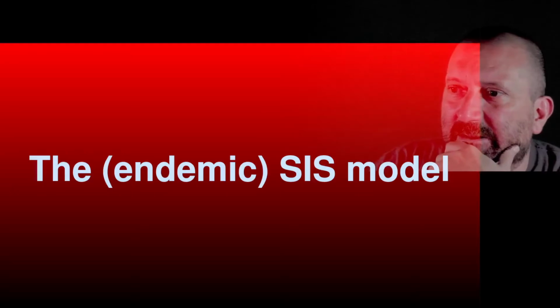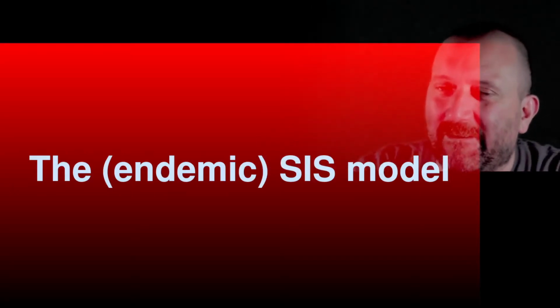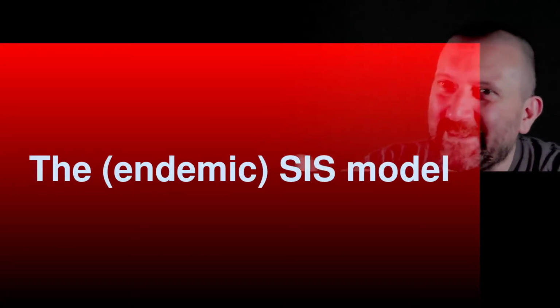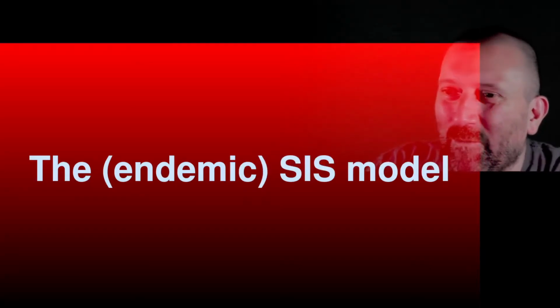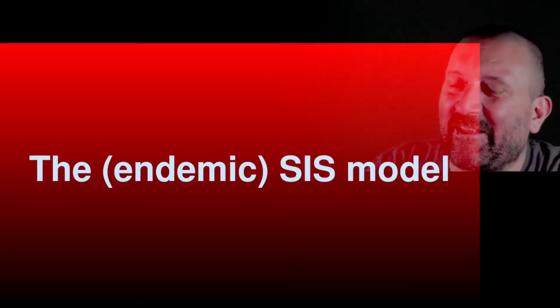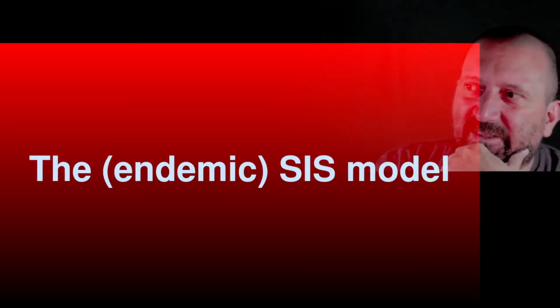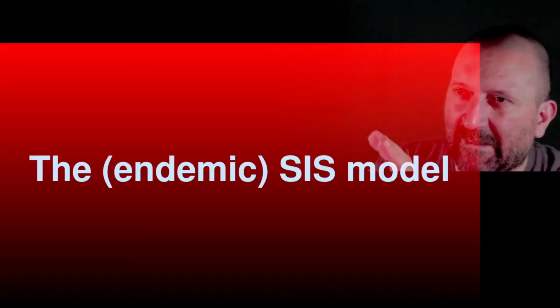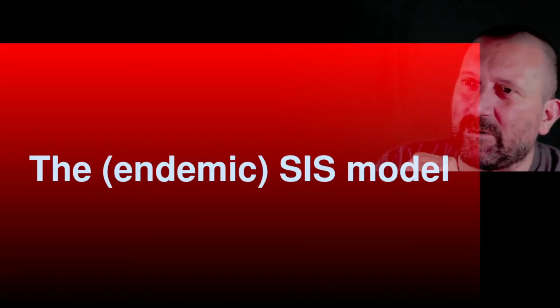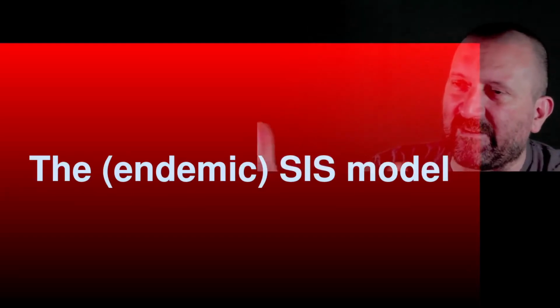Now, let me change gears and move towards the endemic SIS model. So remember, one of the things I was discussing before was the fact that in the Kermack and McKendrick model, we observe two possibilities.